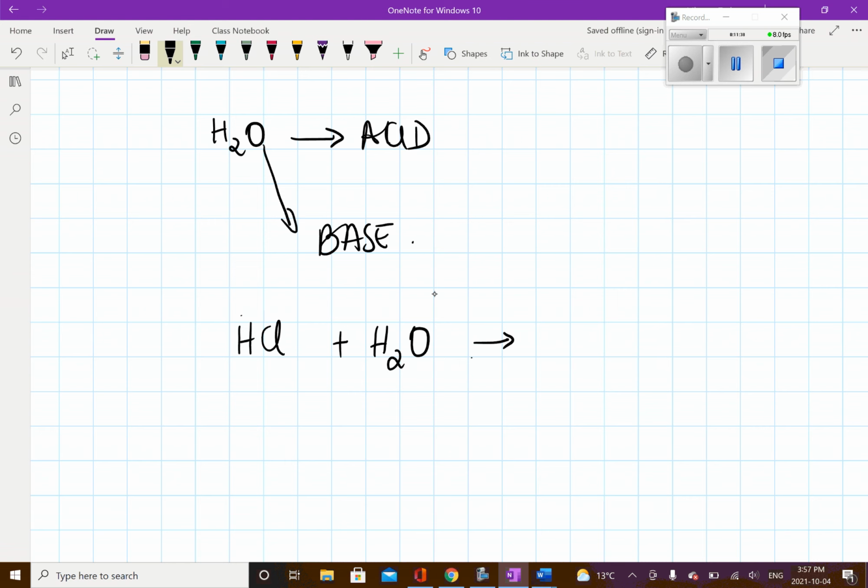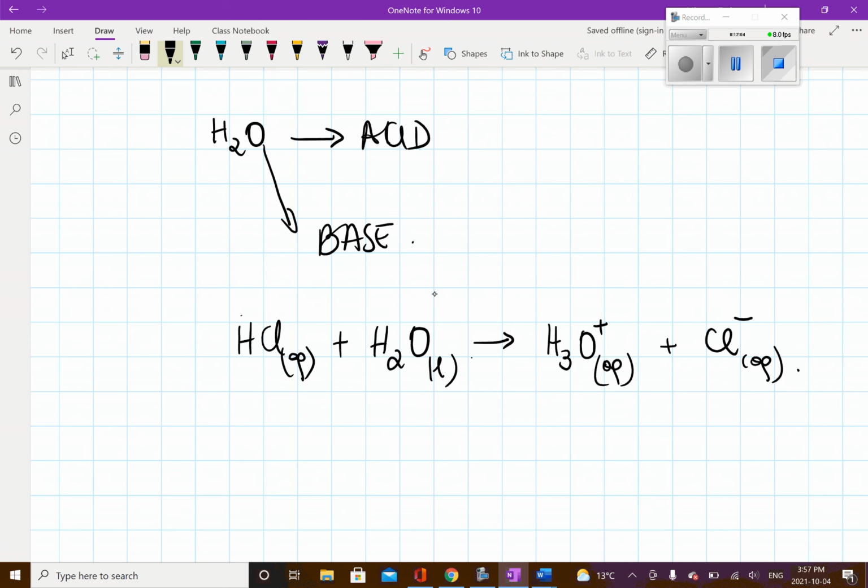Why? Because it is accepting one proton. It's forming the hydronium ion and Cl minus, in aqueous solution.